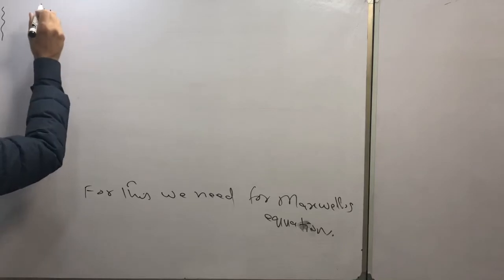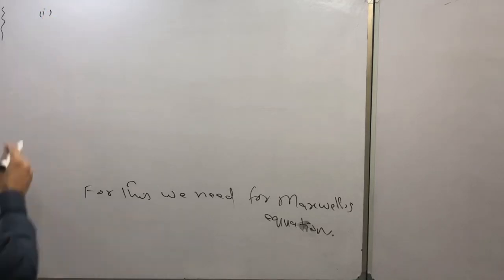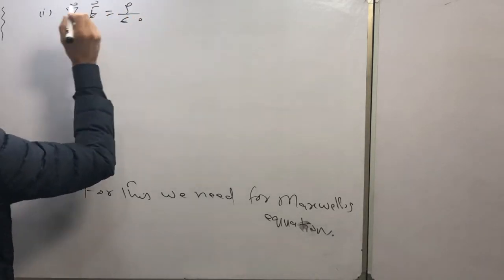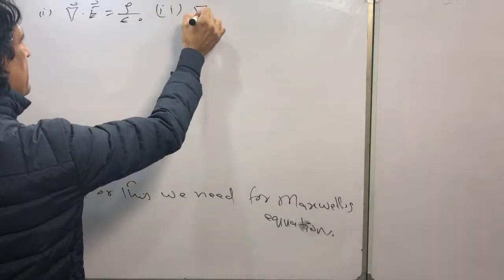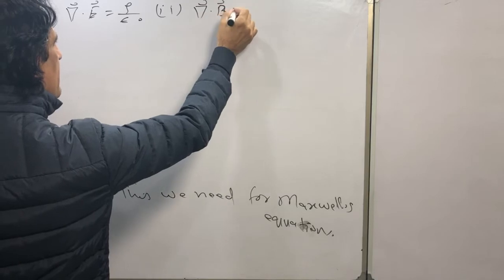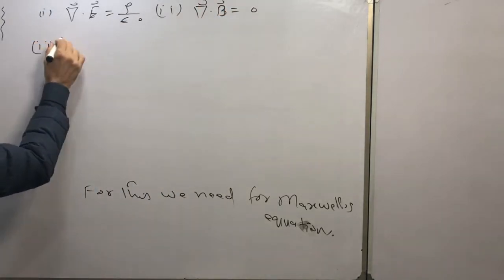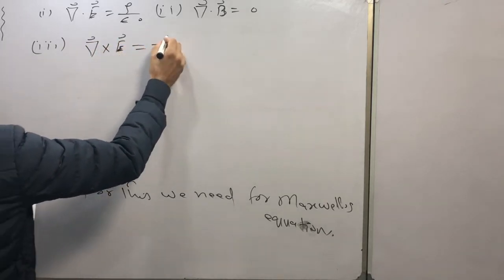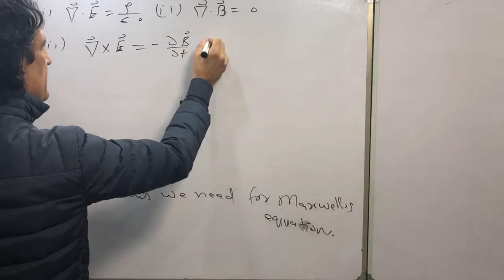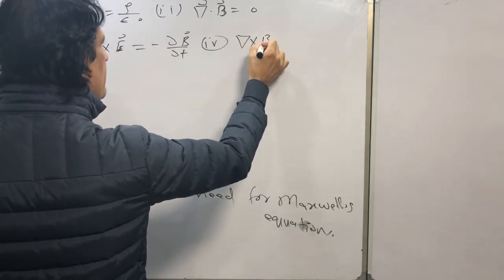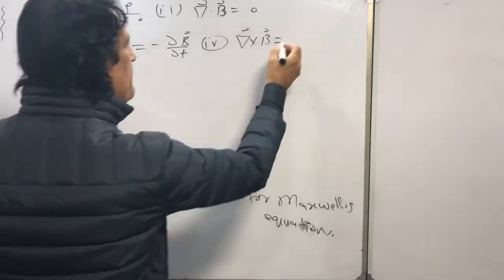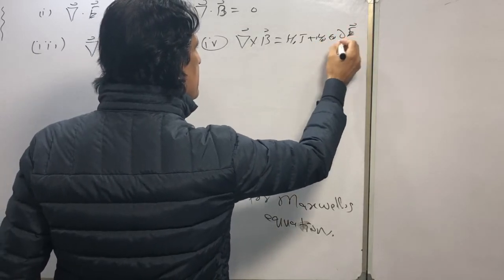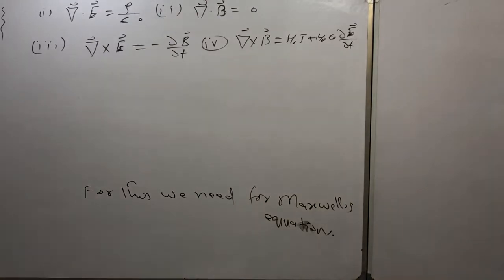Such as divergence of electric field equals rho divided by epsilon naught, divergence of magnetic field equals 0, curl of E equals minus partial B divided by partial t, and curl of B equals mu naught J plus mu naught epsilon naught partial E divided by partial t. We know about these Maxwell's equations.